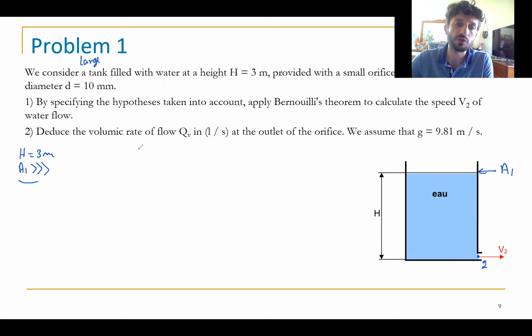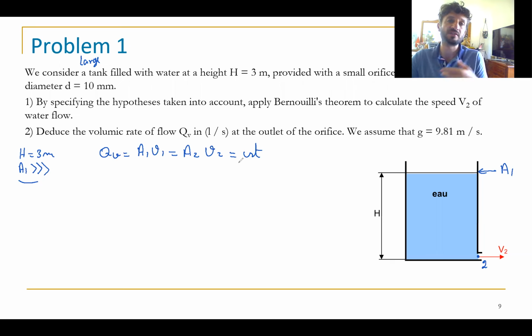First of all, the continuity equation: A1 V1 equals A2 V2, and this value equals the volumic rate of flow QV, which is constant at any point inside the system. We can choose any point. In this example, I advise you to take one point at the top of the system. Why?